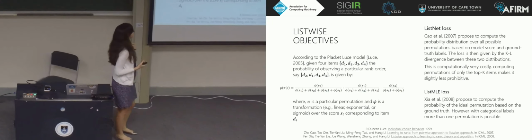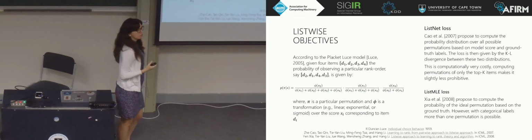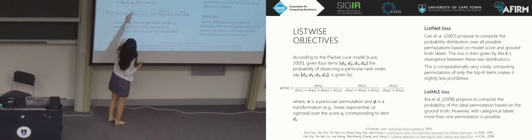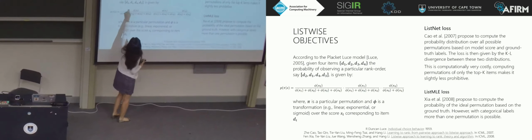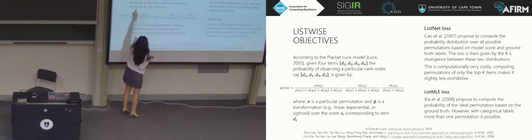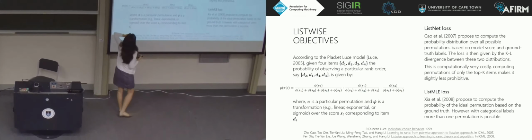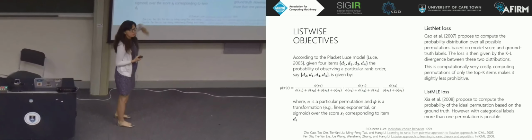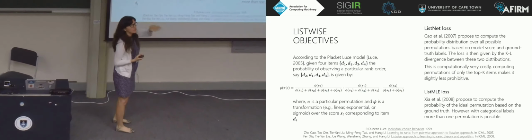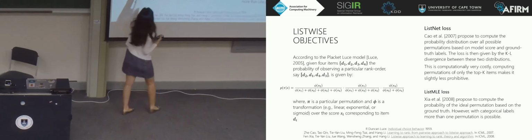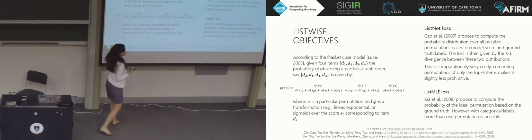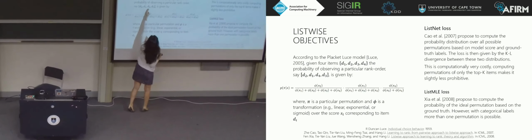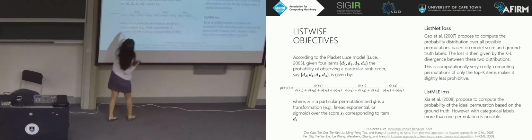You use the Plackett-Luce model to generate this probability distribution, where s_i corresponds to the score for document i. So this is the score for document 2, for example. To compute this distribution, we have to compute the probability of generating each possible ranking. Let's assume we are computing the probability of this particular ranking, where D2 is ranked above D1, which is ranked above D4, and D4 is ranked above D3.